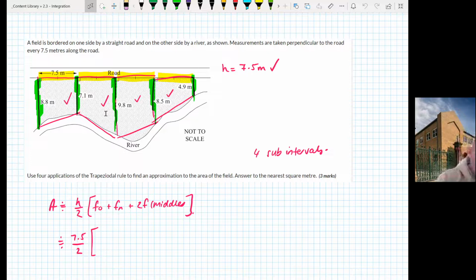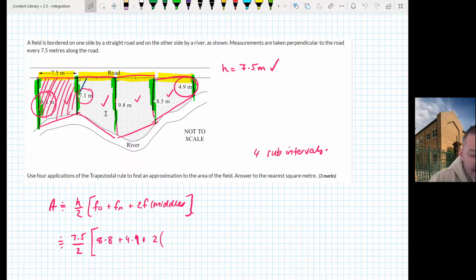So the first function value is simply 8.8 and the last function value is 4.9. And then I'm going to do 2 lots of all the middle ones. And can you see again why I'm doing 2 lots of them? Because 7.1 is in the first trapezium, but 7.1 is also in that second trapezium. So that's why we're doing 2 times those amounts.